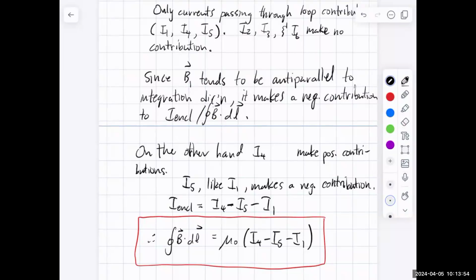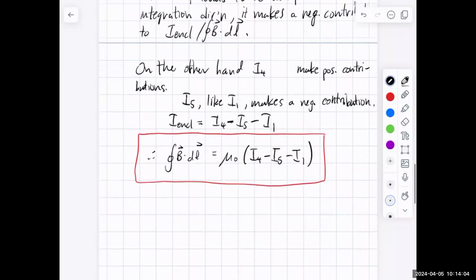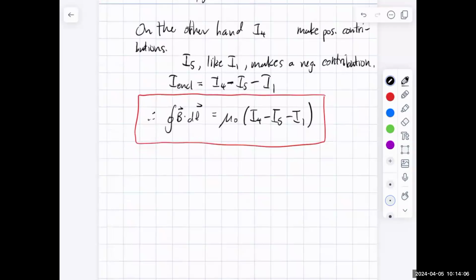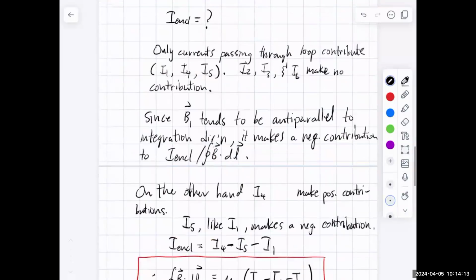So I want to come back to this picture at the top, and instead of having to draw the magnetic field of every current, I want to give you a little trick that you can use to figure out whether or not a current contributes positive or negative to this Ampere's law calculation. So let me draw this.